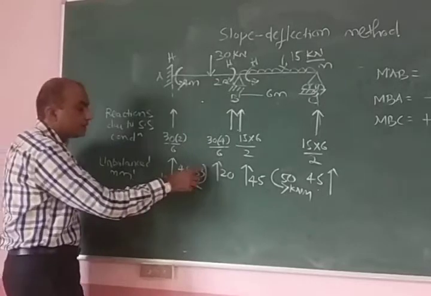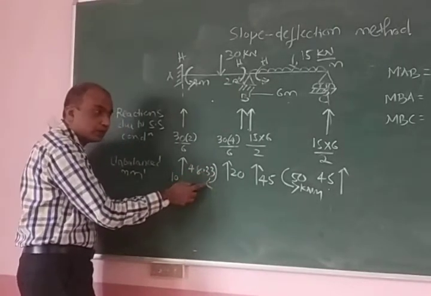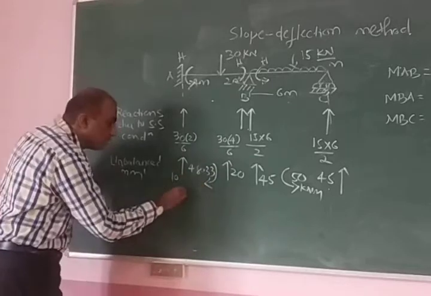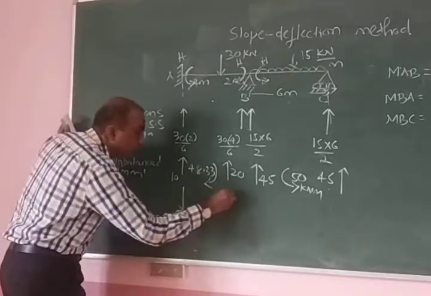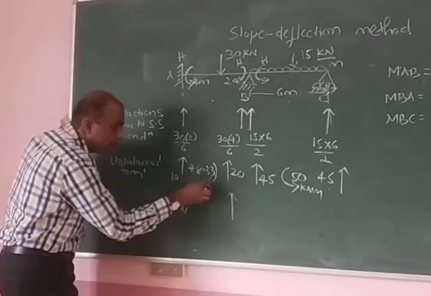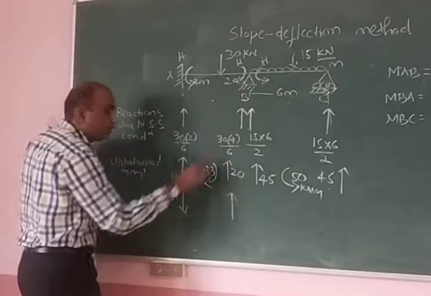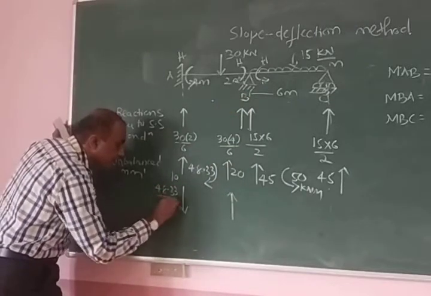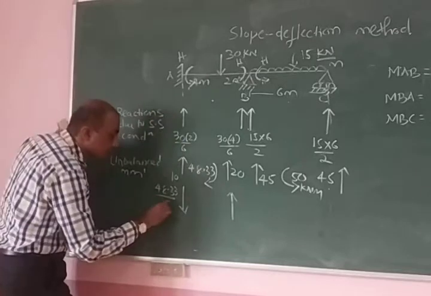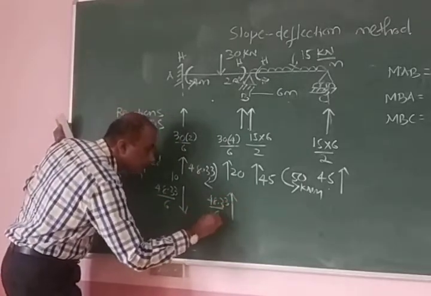How they are to be balanced? 48.33 clockwise moment is acting. So the reactions should be such that they should be able to produce an anti-clockwise couple to balance this. And this couple is given by moment divided by span. Moment is how much? 48.33 unbalanced divided by span is 6 meters. So this is also 48.33 divided by 6.